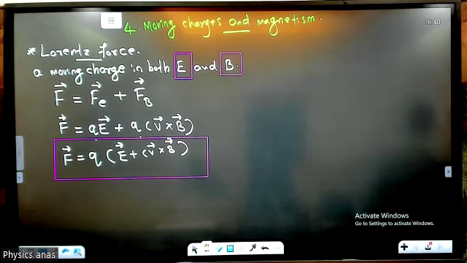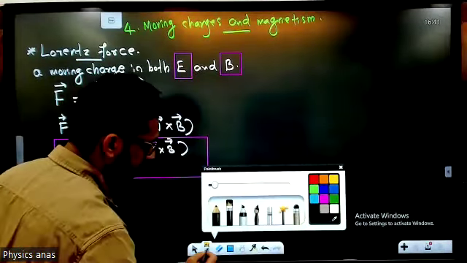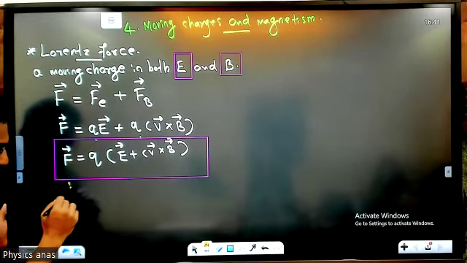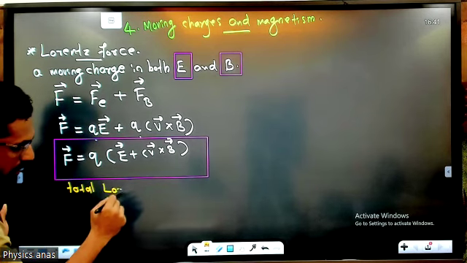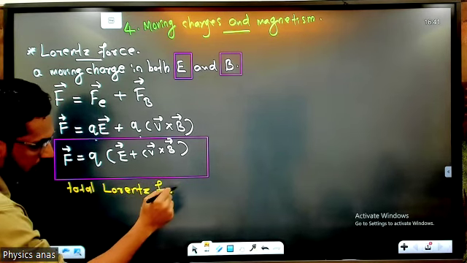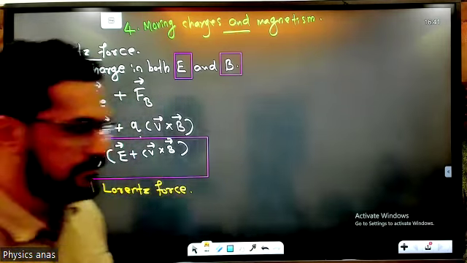Then you can write what is on the board. What is this force called? This force is the total Lorentz force, or simply Lorentz force. You can write what is on the board. Okay?